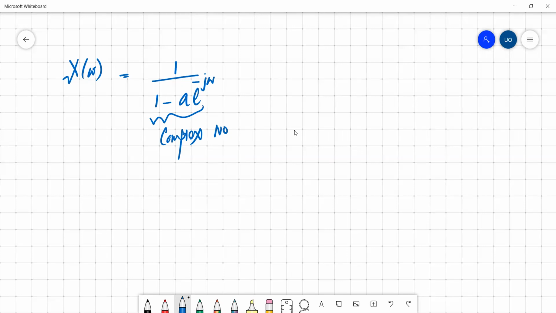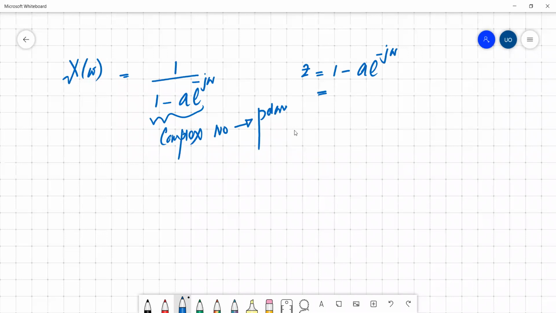This complex number is now in Cartesian form, so you need to convert it to polar. Once you convert this denominator to polar form, you can immediately find the magnitude and phasor. We have this complex number Z, which is 1 minus a e to the power minus j omega. How do you convert it into polar?